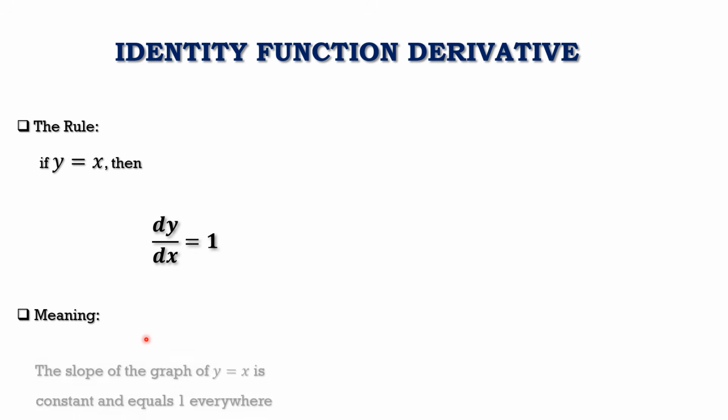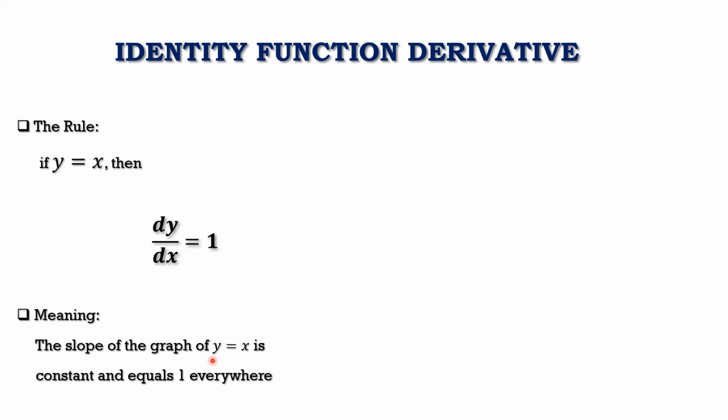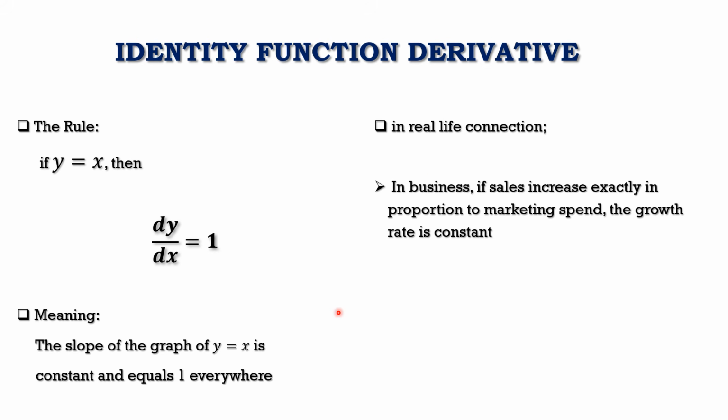Now, the last rule, which is the identity function derivative, says that if y equal to x, then dy dx will be equal to 1, meaning that the slope of the graph of y equal to x is constant and equal to 1 everywhere. So here is a real-life connection for this function.